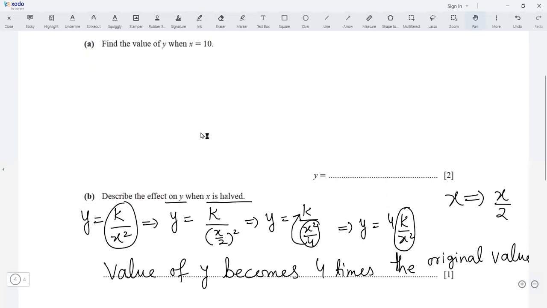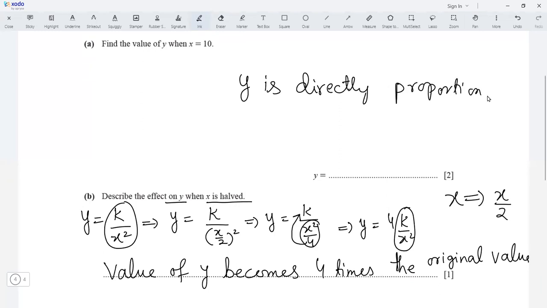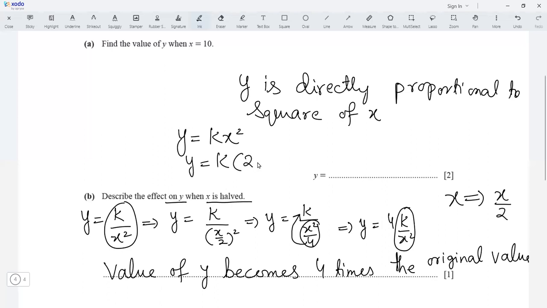Say I'm giving one more question: if y is directly proportional to square of x, and the value of x is half, what do you have to do? It looks like y equals kx squared. So in the next step, it will be y equals k times x over 2 and whole squared.